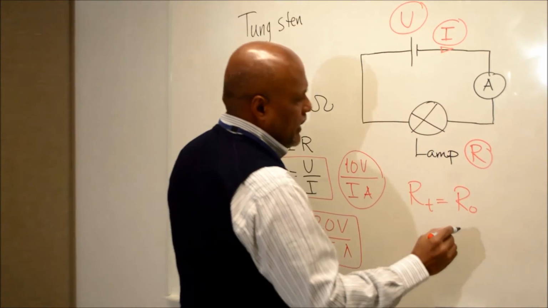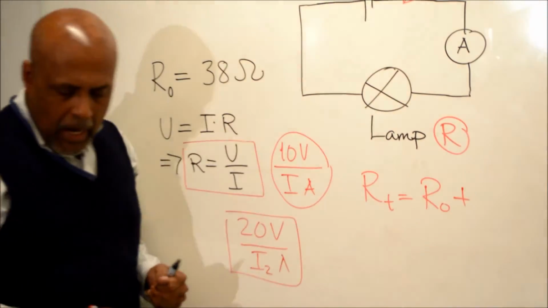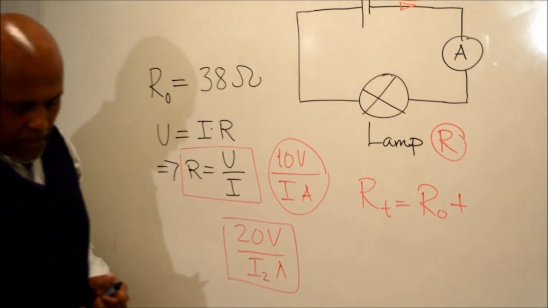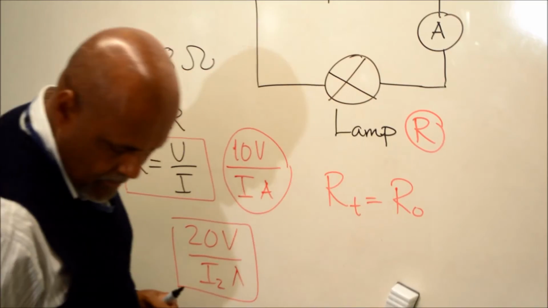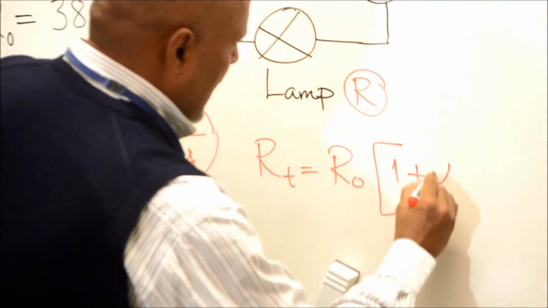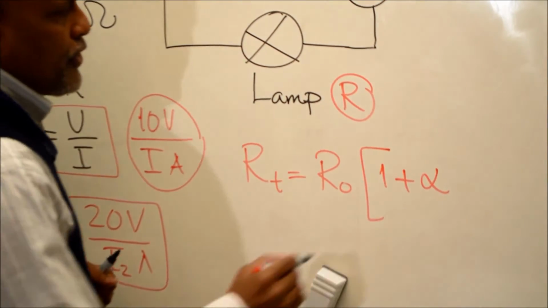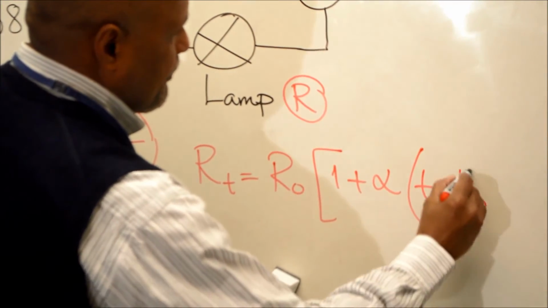R equals R0 plus R0 alpha into (T minus T0). Alpha is the temperature coefficient.